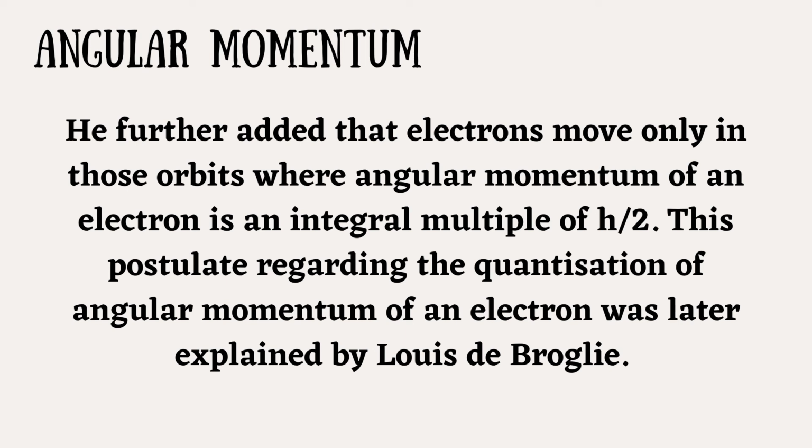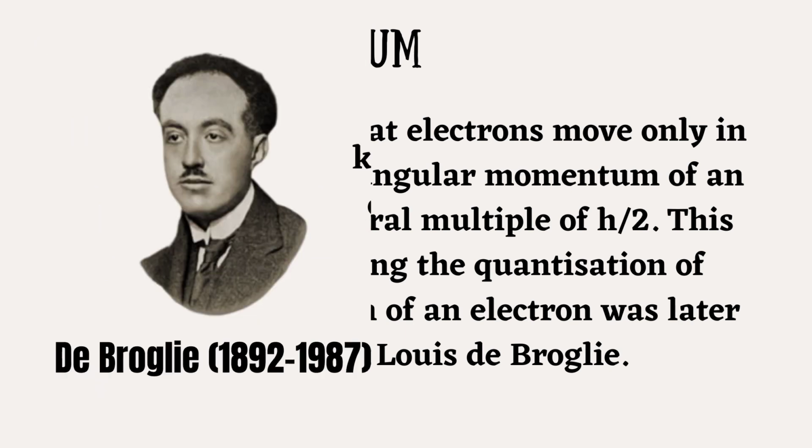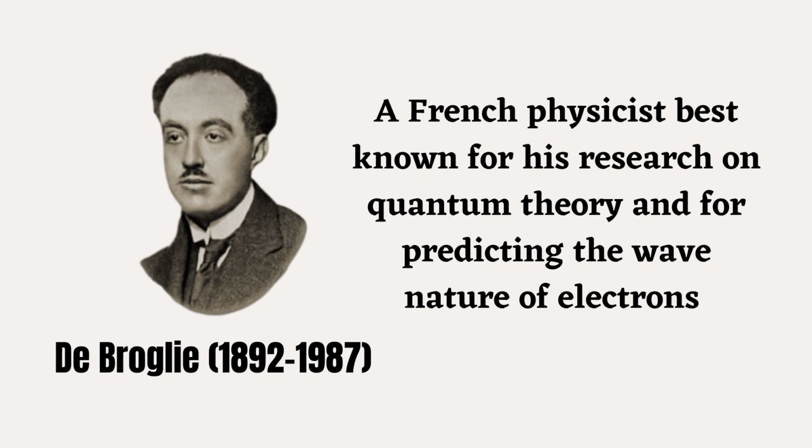This postulate was later explained by Louis de Broglie, born on August 15, 1892, and died on March 18, 1987, a French physicist best known for his research on quantum theory and for predicting the wave nature of electrons.